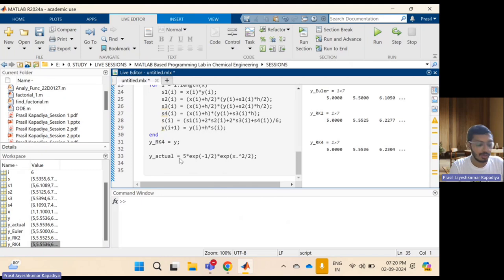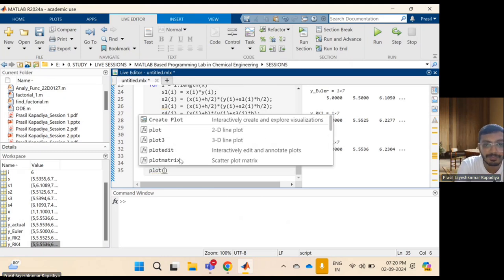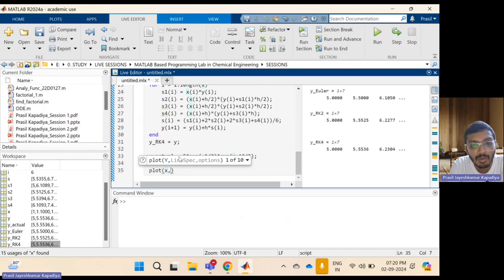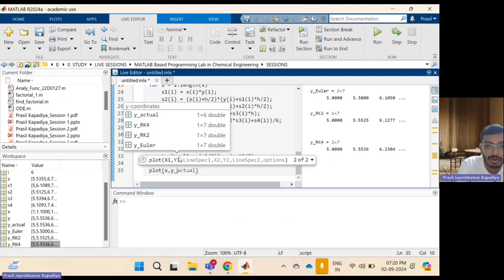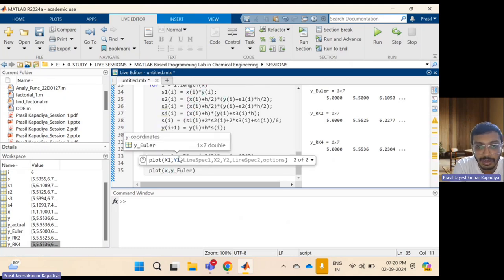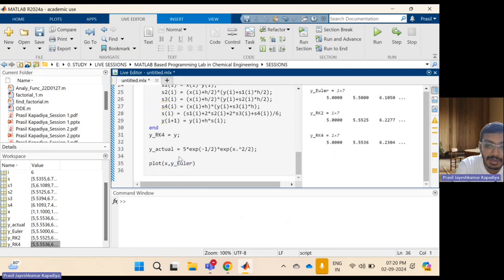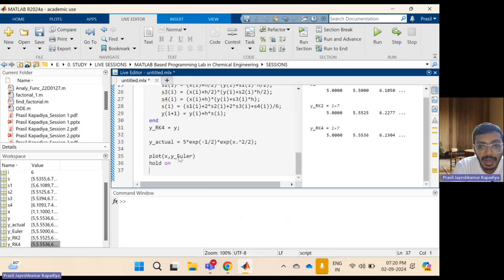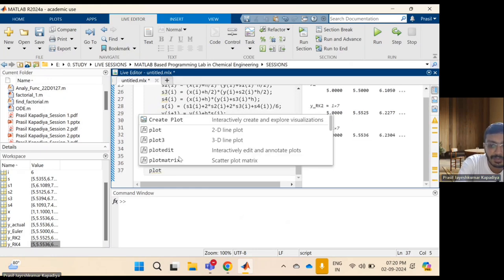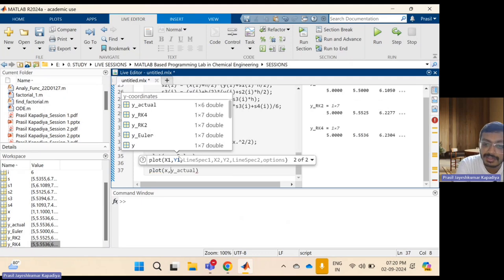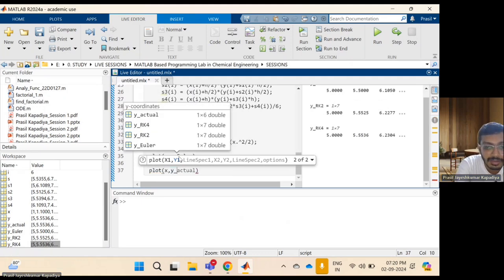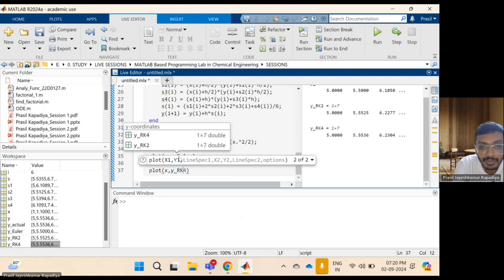Now let's plot our solutions and see what we are getting. So how can I plot it? Plot of x is fixed, x comma y underscore Euler first. Then I will keep hold on. I will plot x comma y underscore RK2.